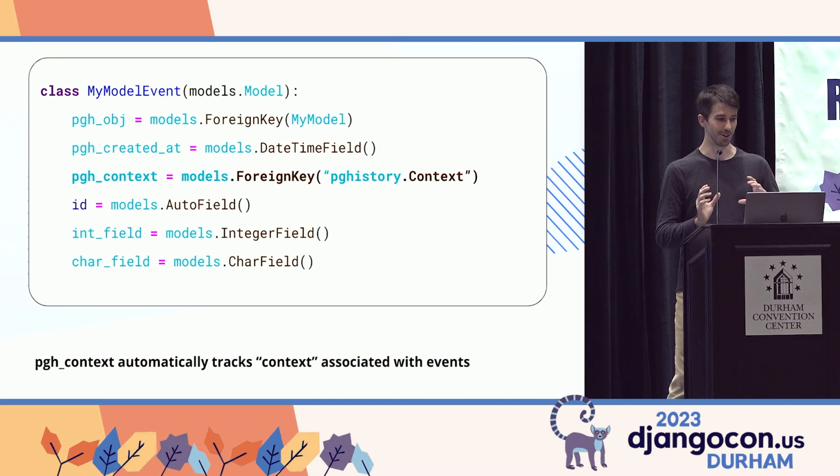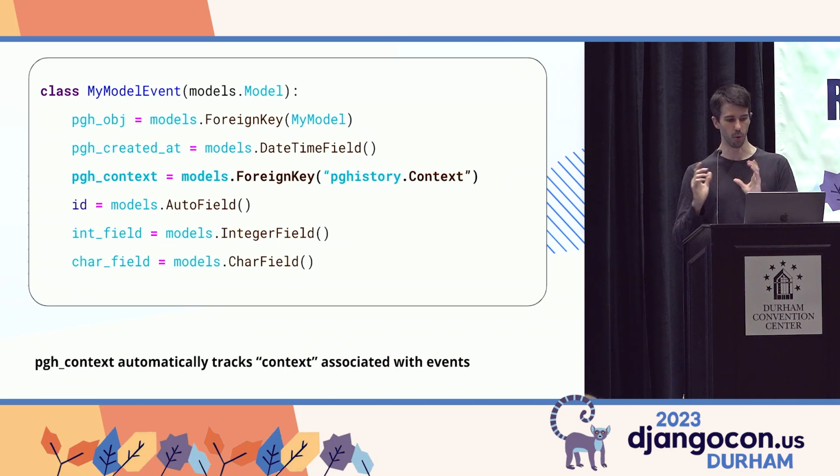Backing up a little bit, looking at our model definition again, our event model that's generated for us, one thing I didn't say at the beginning is that there is another metadata field on it called pgh_context. It's a foreign key that's on every event model by default. What it does is it automatically points to a centralized context table.